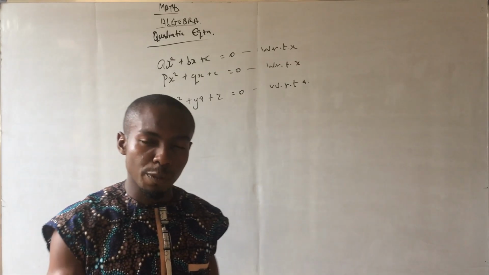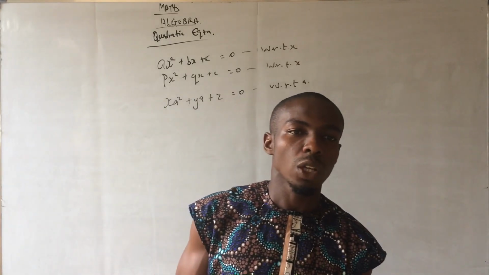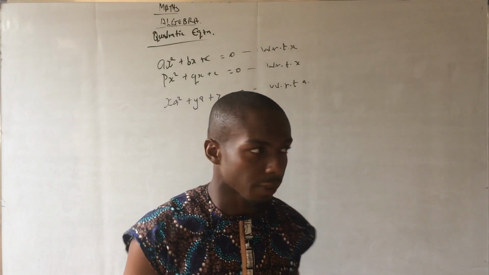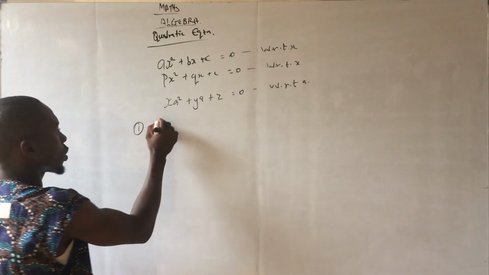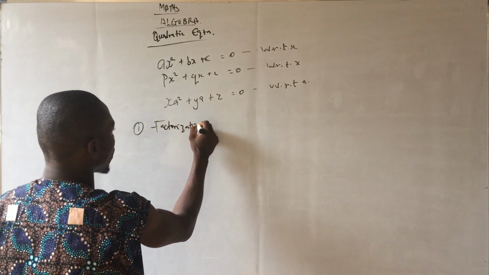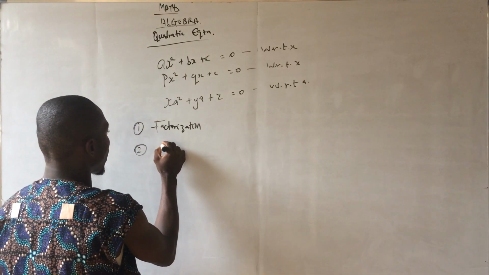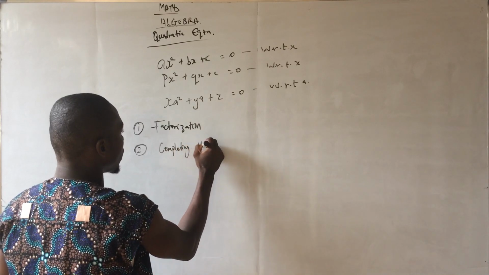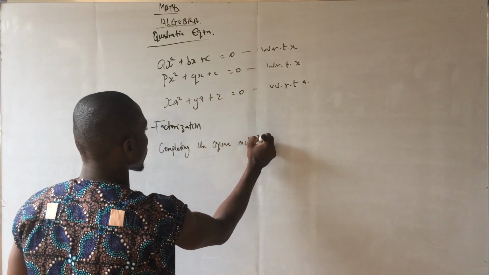And what do I expect you to know in quadratic equation? I expect you to know that quadratic equation has different methods of solving problems. Method number 1 is the one we know, factorization method. The next one is completing the square method.